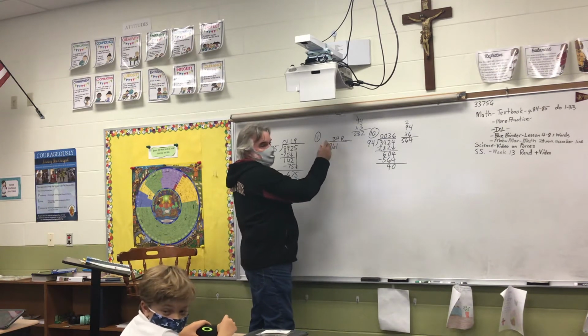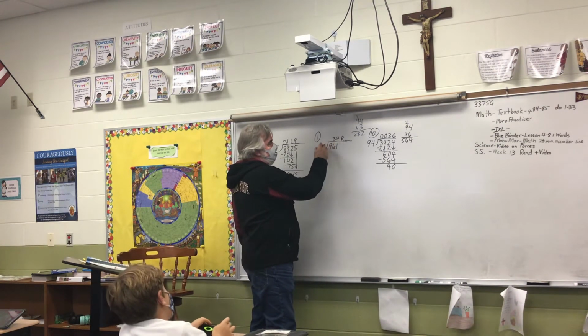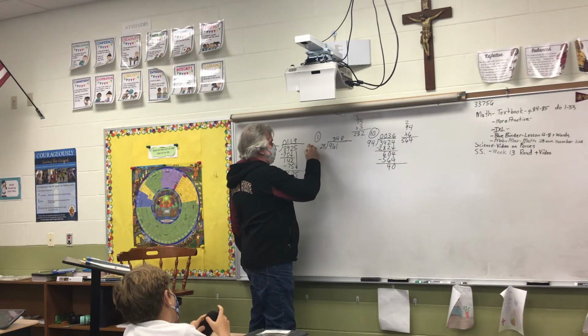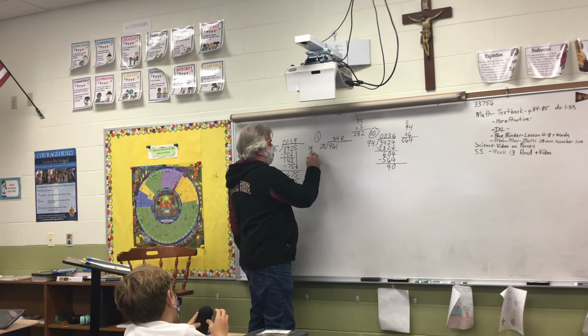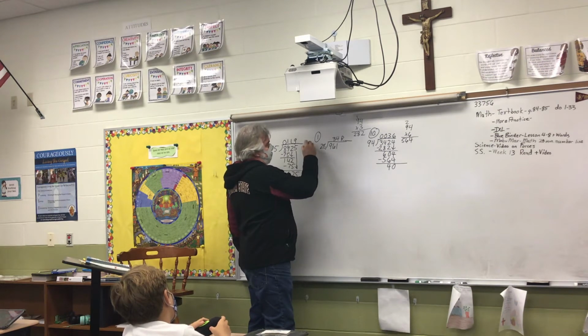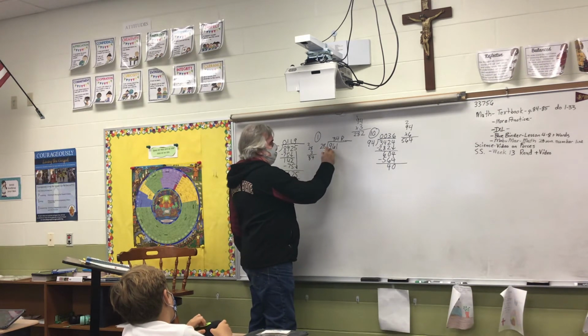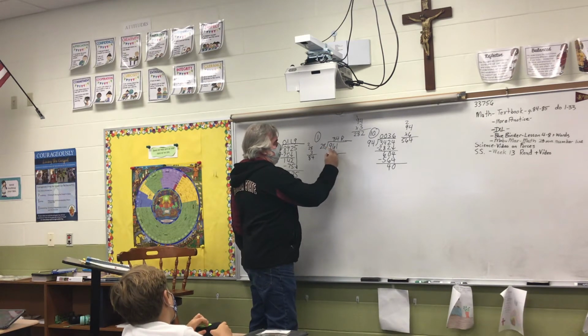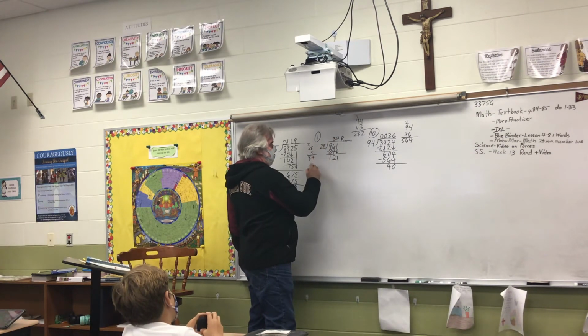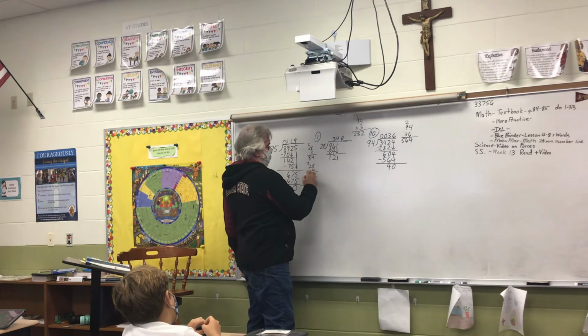I know that because they've already done it 3 times. So 3 times 28 is 84. Taking 84 from there, I end up with 12. Bring down the 1. Then I know that 4 times 28 is 112.